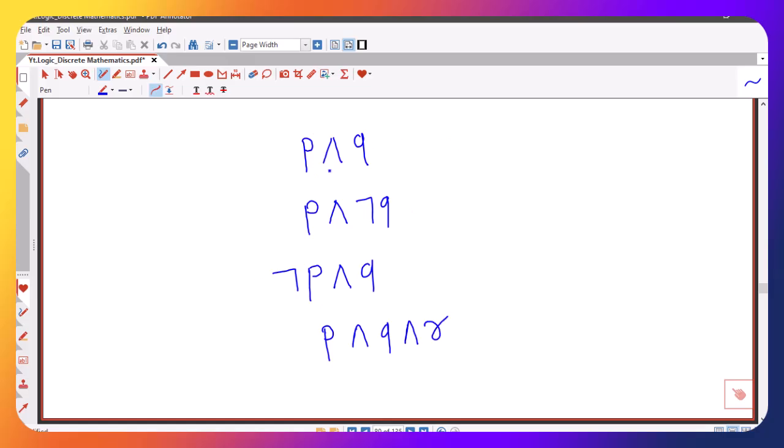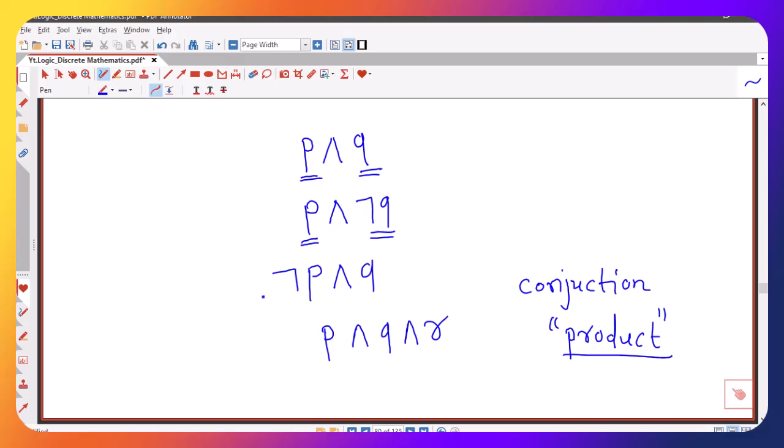In all these compound propositions we are using the conjunction operator, and we can use the word product for conjunction. Remember, for conjunction we will use product also.